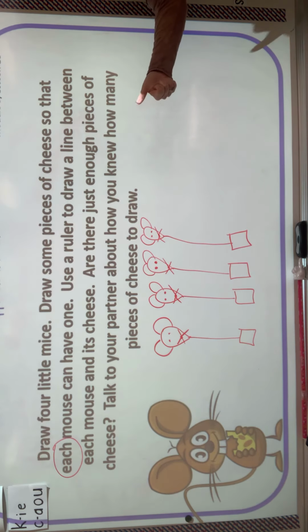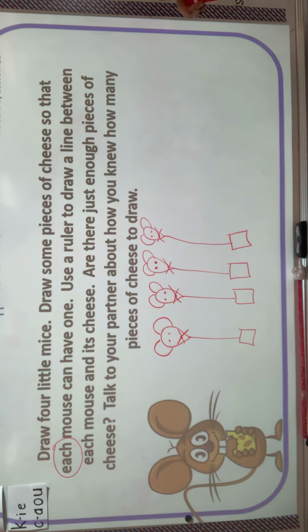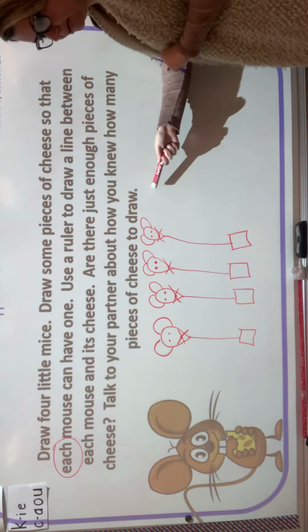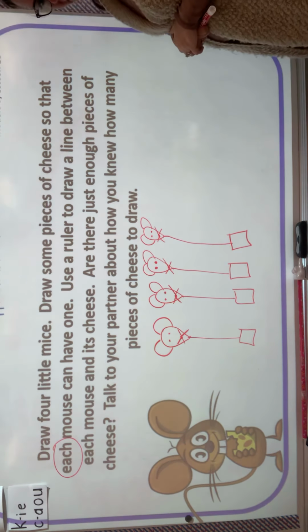Thumbs up once you've got that completed. Few people still working. So the key word in this story problem is each. That means every mouse, each mouse gets a piece of cheese.